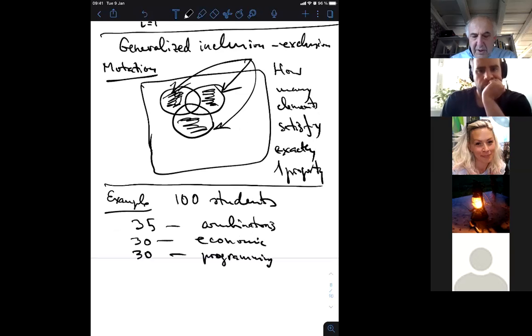Now say there are 9 taking the first 2 courses, there are 10 taking the second and the third, and say there are 11 taking the first and the third, and then there are finally 5 taking all 3 courses.